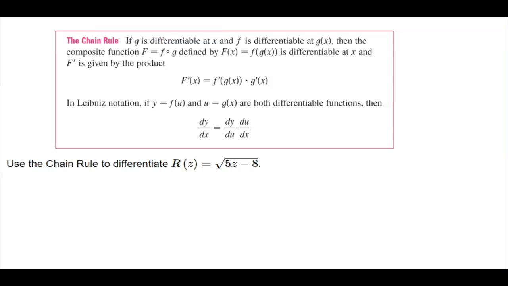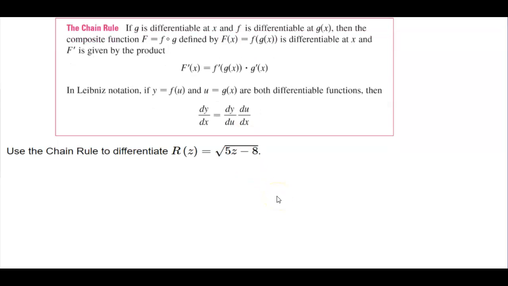So the function is r of z, which is equal to the square root of 5z minus 8. Okay, so what we want to do is first define what our functions are. Well, the first step is that we're going to say that our function f of z is going to equal the square root of z.